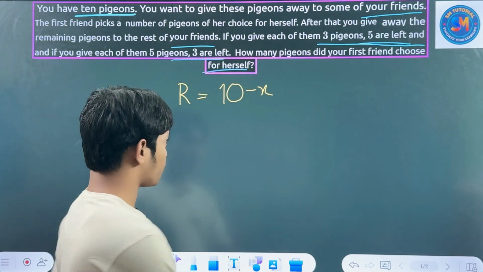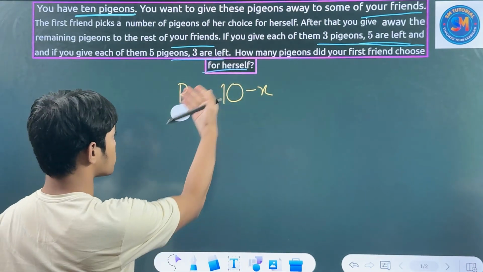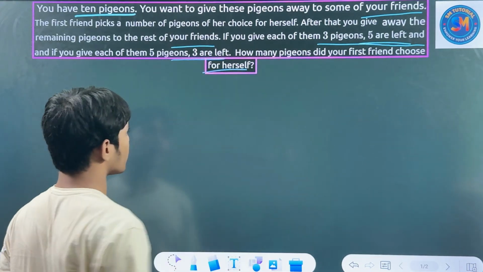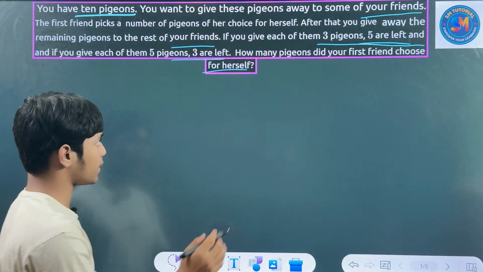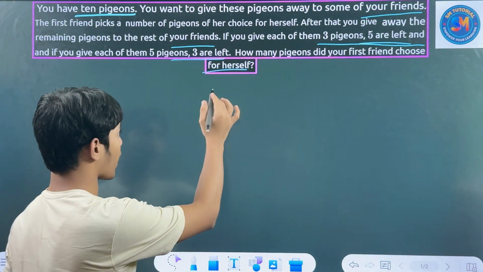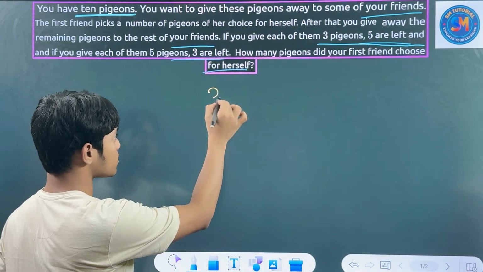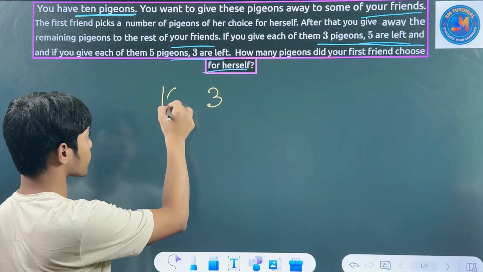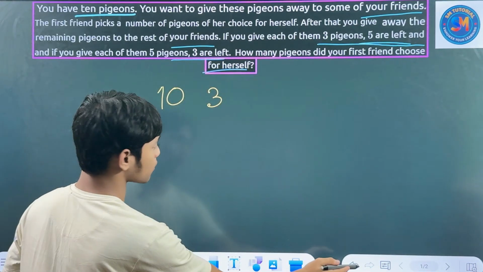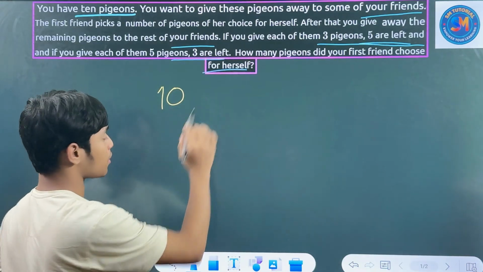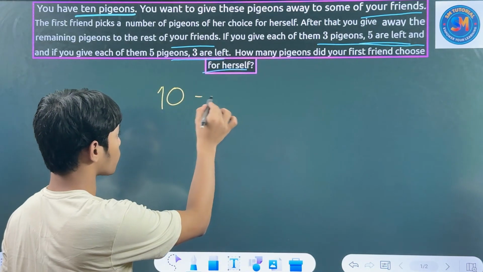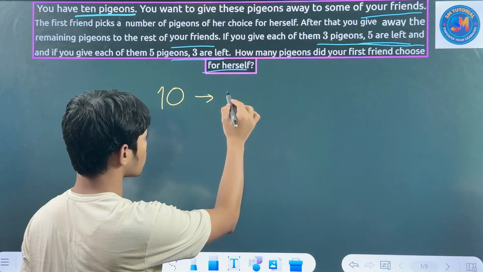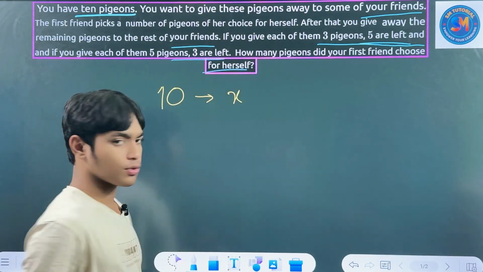Suppose you have 10 peasants, the first friend took X, because you don't know.